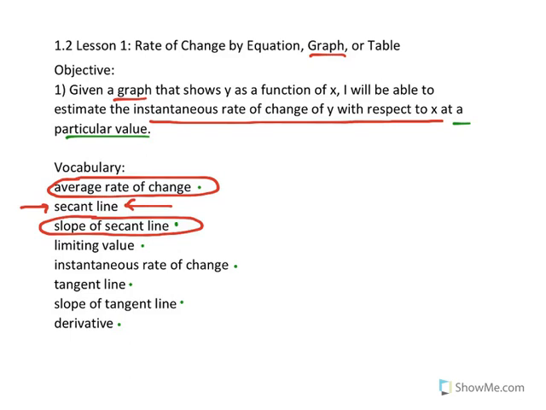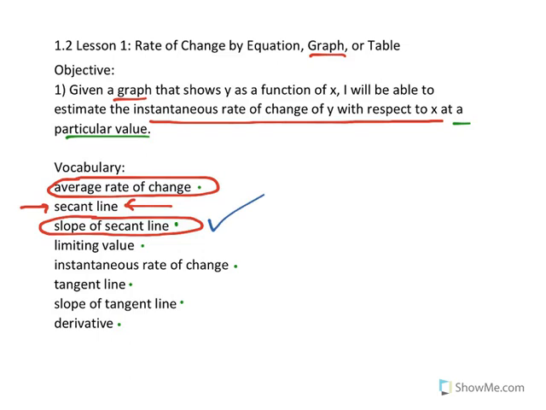So yesterday we were concerned with approximating an instantaneous rate of change, and yesterday's lesson went over the idea that you can approximate an instantaneous rate of change by calculating an average rate of change over a very short interval of time. So we now know that the average rate of change is given by the slope of a secant line through 2 points.